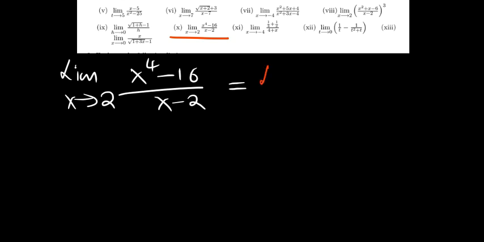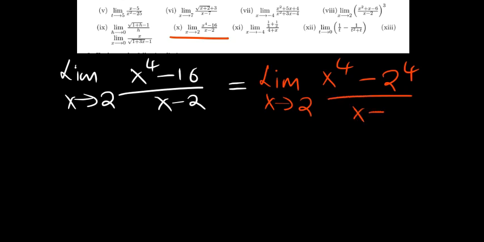So at this point, I believe we can write it as the limit as x approaches 2 of x to the power 4 minus, 16 can be expressed as 2 to the power 4, right, over x minus 2.